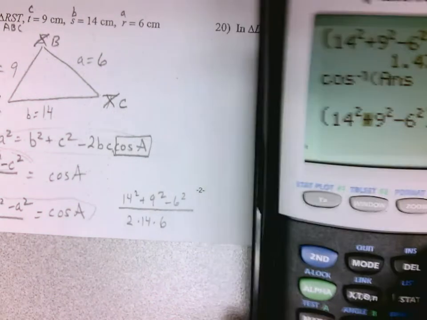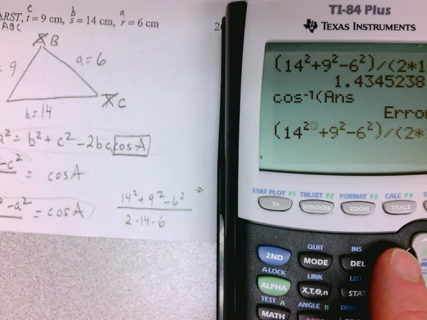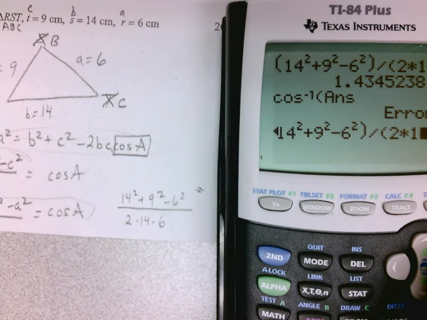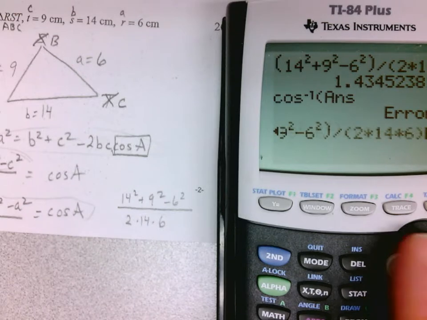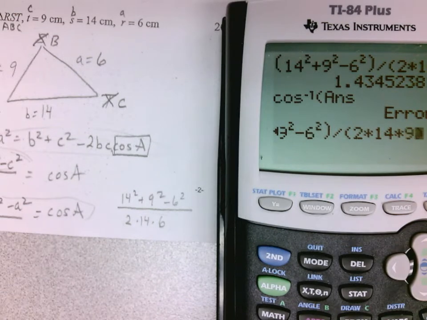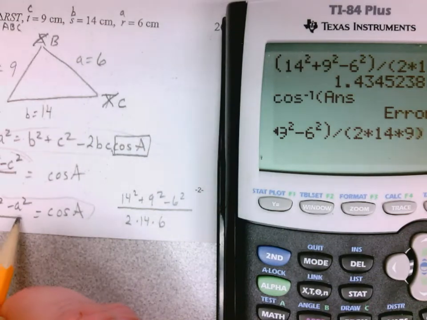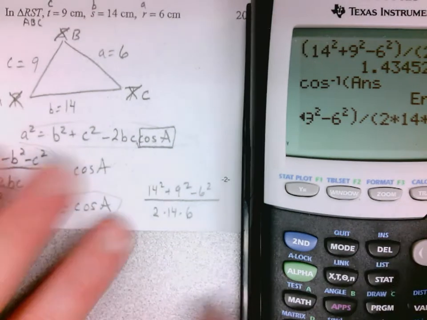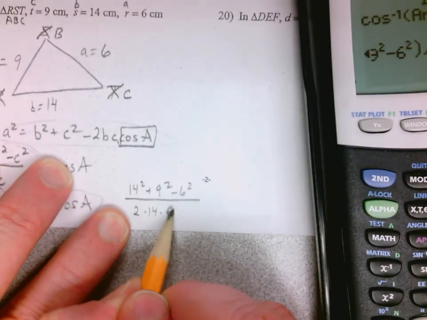It should be b squared plus c squared minus a squared over 2bc. And if you notice, I put 2ba because that's what it looks like on my paper. Now let's see if that fixes it. Some of you hopefully caught that along the way. This is good.